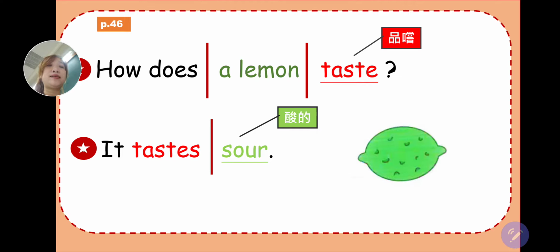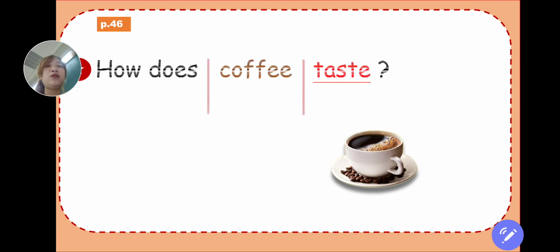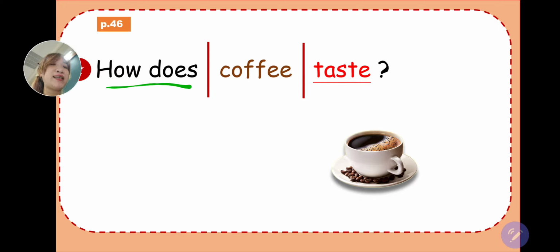Sour 就是酸的。This one, number 2 is a coffee. So how to say that? How does coffee taste? 我知道了，因为呢 coffee 是 uncountable. 还记得 Teacher Candy 上次有讲，好 uncountable 我们要视为单数型，所以我要用 how does coffee taste?